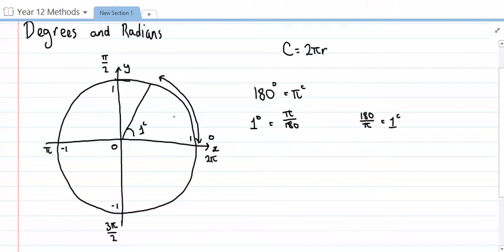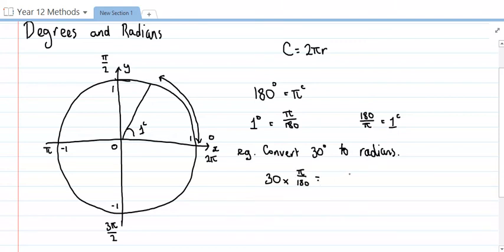And so what I'm going to do next, let's have a quick look at an example. Convert 30 degrees to radians. So if I have to do this, well, I know that 1 degree is pi over 180, so I could just do 30, because I've got 30 degrees, so 30 lots of that, 30 times pi over 180.